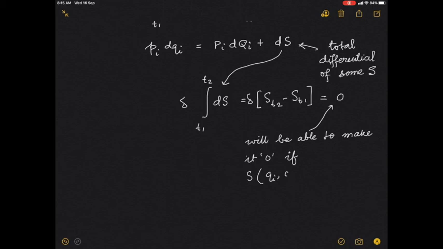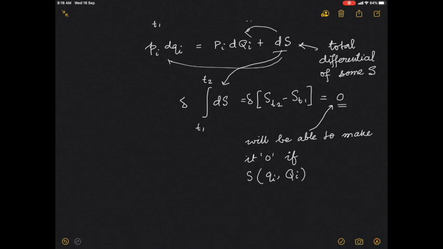We'll be able to call it 0 if S depends on the coordinates only. In this case, it may depend on all the qi's, but it can also depend on all the capital Qi's, because I can put this in the integral on either side. Wherever you put it, you have to write the variation with respect to the coordinates at these two points, and the variation with respect to these coordinates you chose to be 0.